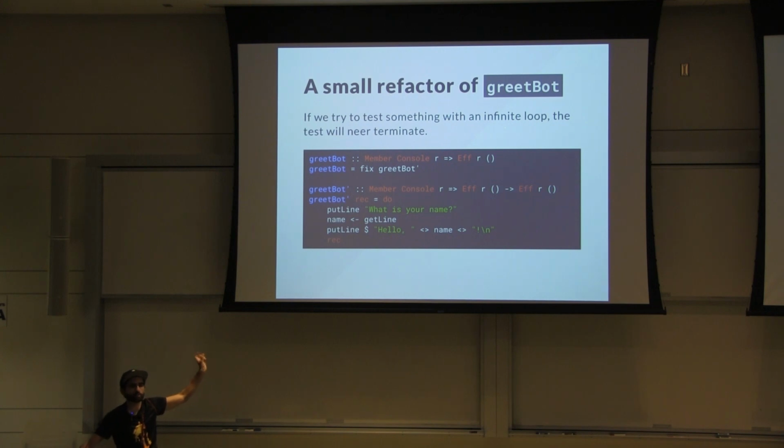That will not compile, most likely. But any other parameter there would do. And basically we use the fix combinator, which if you haven't used it before is just a way to turn things that don't have explicit recursion into recursive calls. And what we're going to end up testing here is greetbot prime and not greetbot, because forever stuff is really impossible to test.